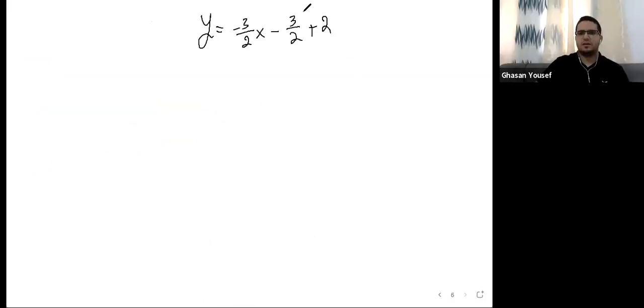So I have to simplify these two numbers, the fraction minus 3 over 2 plus 2. Some of you said this 2 is actually over 1. Yes. Now we can simplify minus 3 over 2 and 2 by multiplying both the numerator and the denominator by 2.